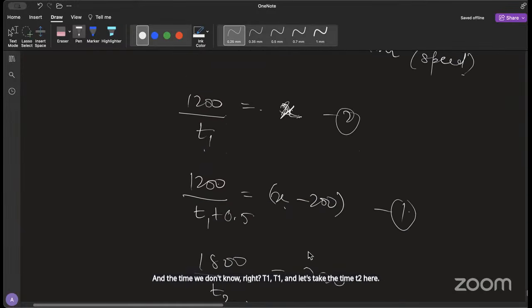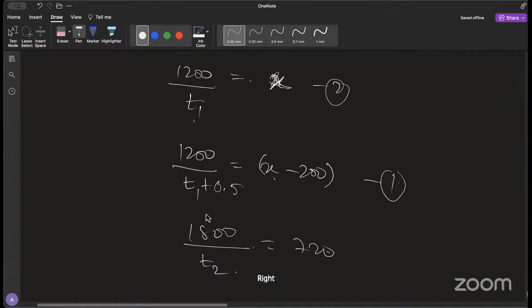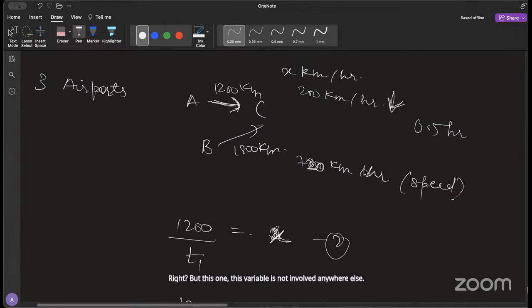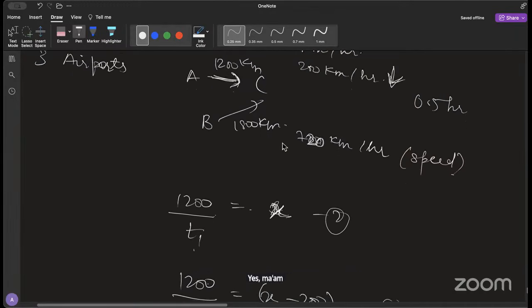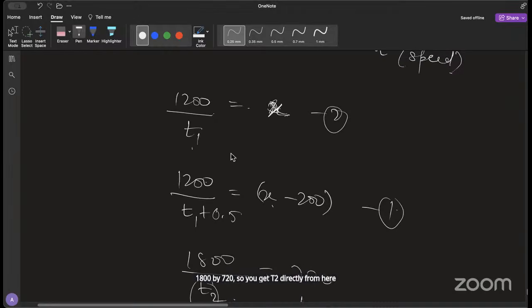So now we have 3 variables and 3 equations, right? But this variable is not involved anywhere else. I think this one we directly got person B's time. T2 is 1800 by 720. So you get T2 directly from here. And then you have 2 equations in 2 variables, right?